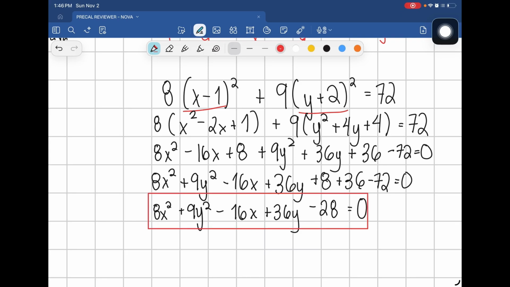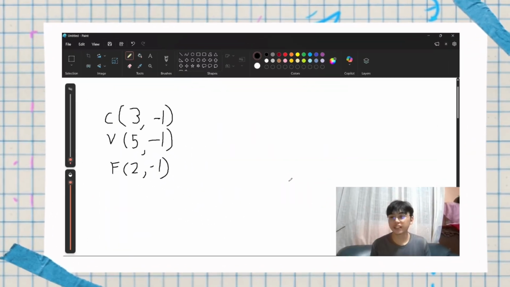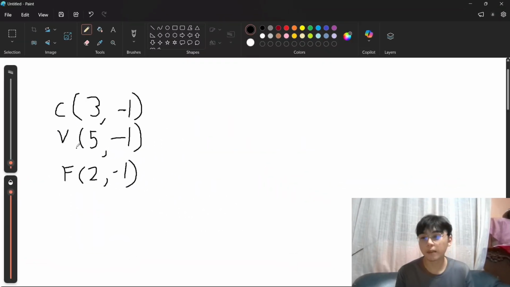So now we would have an example of an ellipse given the properties: center is (3, negative 1), vertex is (5, negative 1), and focus is (2, negative 1). First we need to identify the axis, which is horizontal.